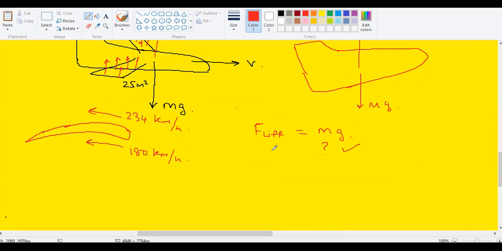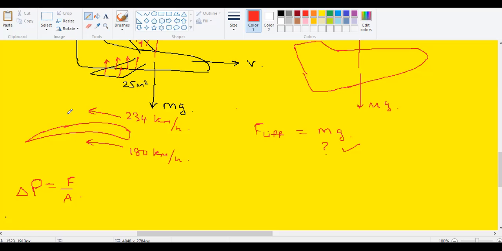F lift is a force. You know that pressure is equal to force by area. In this case, I told you the net force is due to the change in pressure, or difference in pressure.